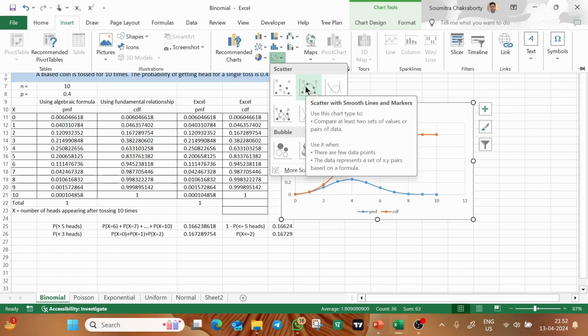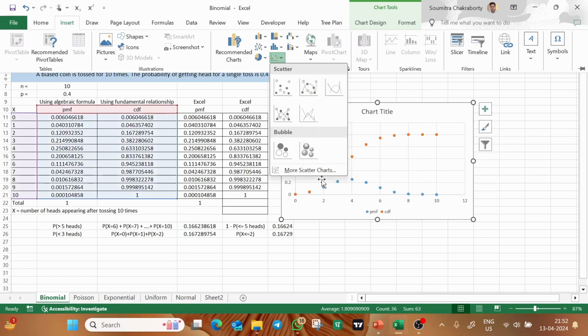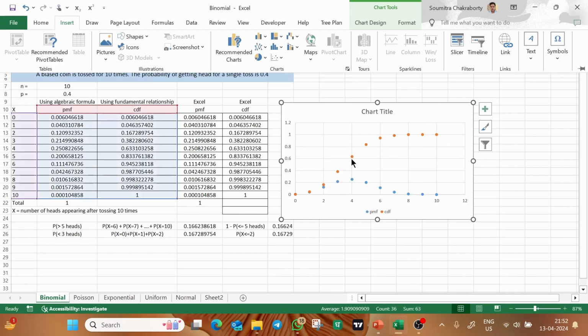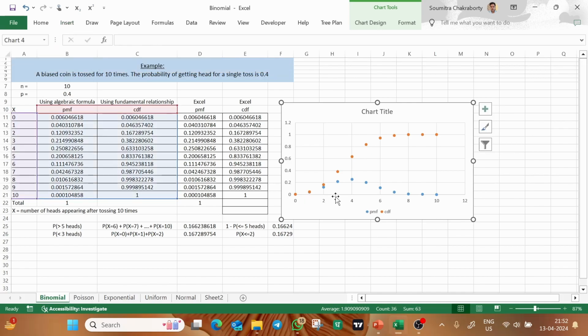Because binomial distribution is not a continuous distribution. So you cannot have a line joining these dots. They should be in this form, separate discrete values, because remember this is a discrete distribution and there is nothing between 0 and 1, 1 and 2, 2 and 3, only 0, 1, 2, 3, 4, these values exist.